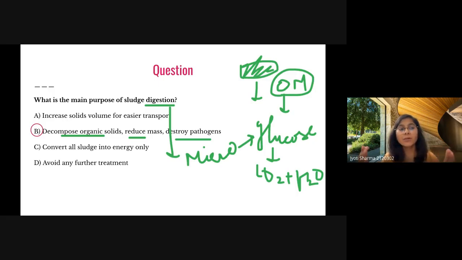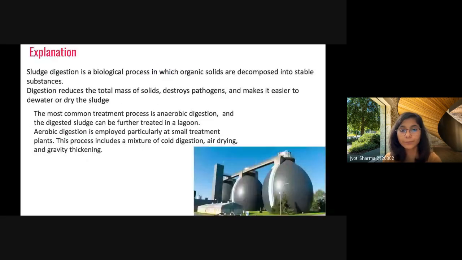These are known as thermophilic microbes, if you have heard about them. So if we give more temperature, we can also destroy some of the pathogens. So the main purpose of sludge digestion is to decompose organic solid, reduce the mass, and destroy the pathogens. So B is the right answer.